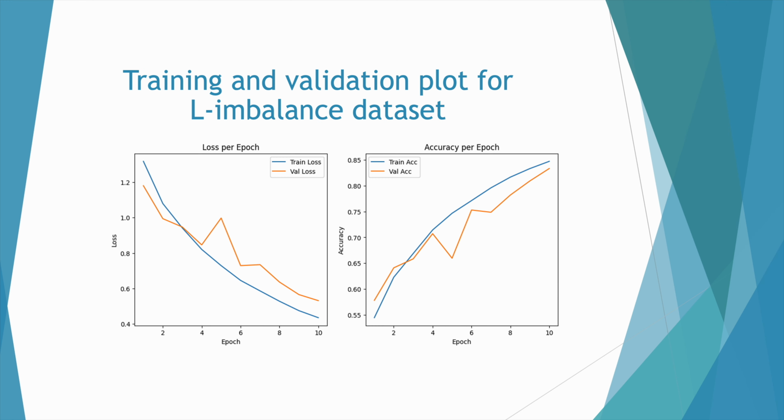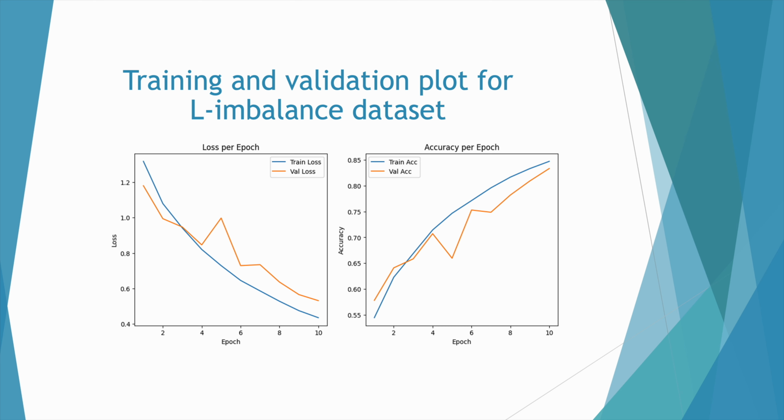Here we can see the training and validation curves for my baseline DenseNet on the long tail dataset. On the left, you can see the loss over epochs for both the training set and the validation set. Both losses decrease steadily, indicating that the model is learning from the data.